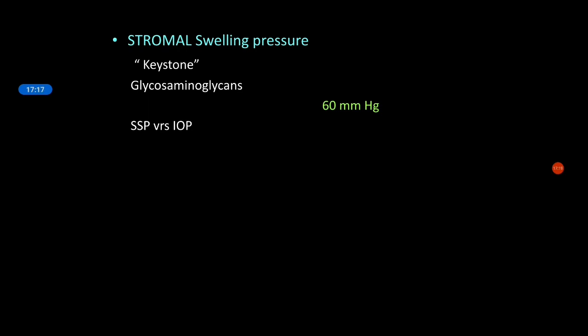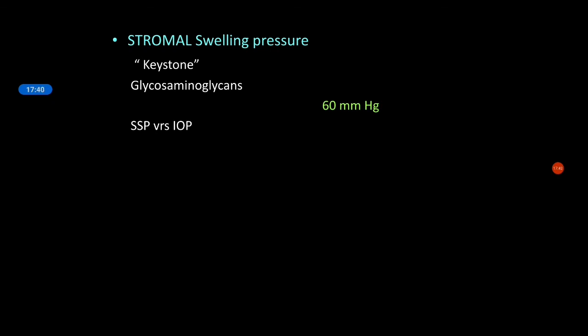There is a tight competition between the stromal swelling pressure and the intraocular pressure. So if the intraocular pressure is high and the stromal swelling pressure is less, there will be edema formed in the cornea because of hydration of the stromal tissues by the aqueous.